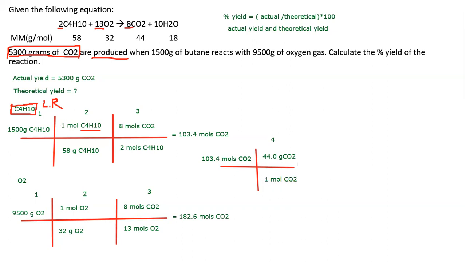This is going to tell us the theoretical yield. We get about 4,550 grams of CO2.